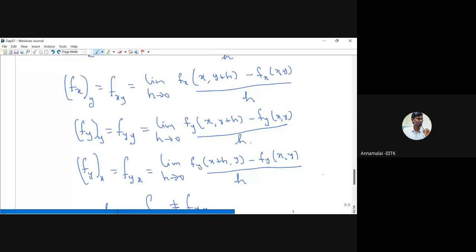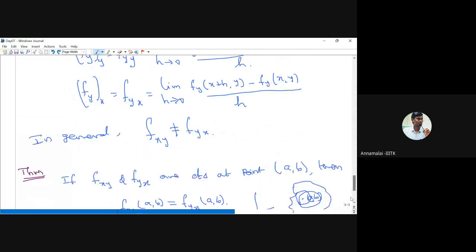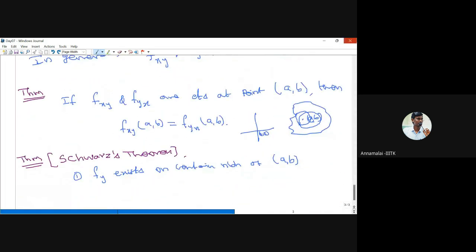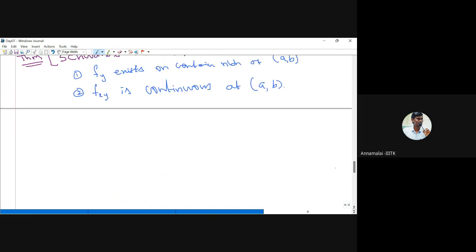Now the second condition is that the second partial derivative fxy is continuous at the point a comma b. Then fyx always exists.